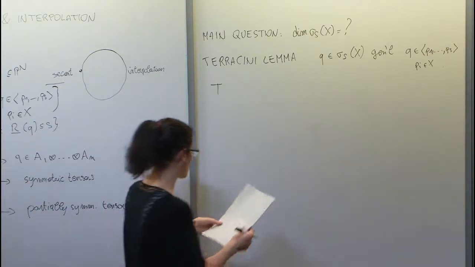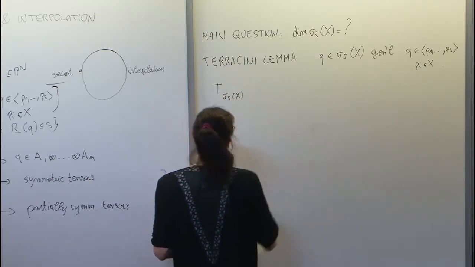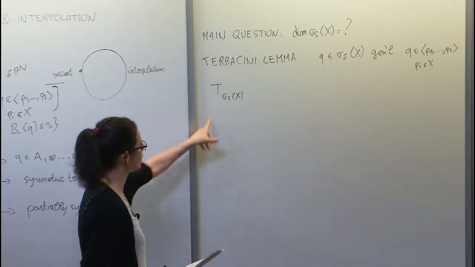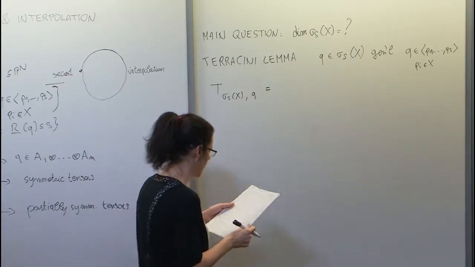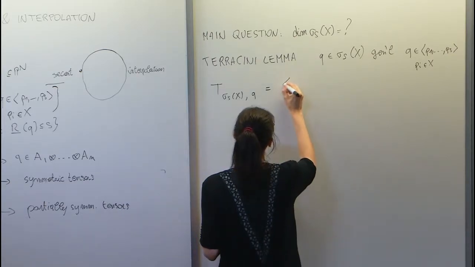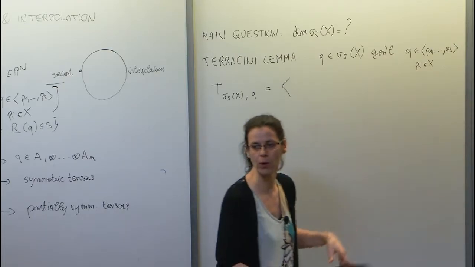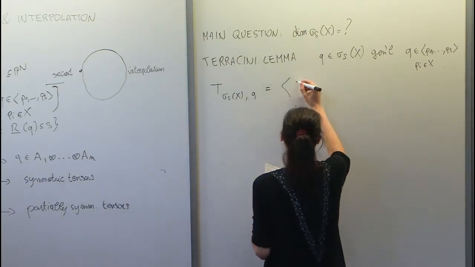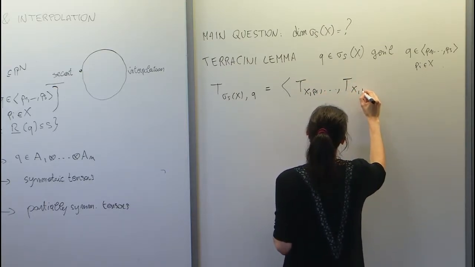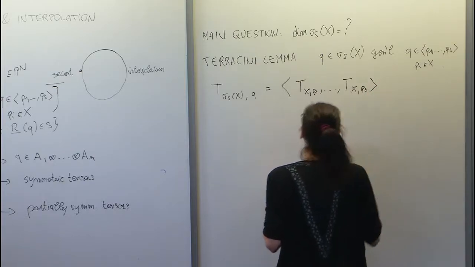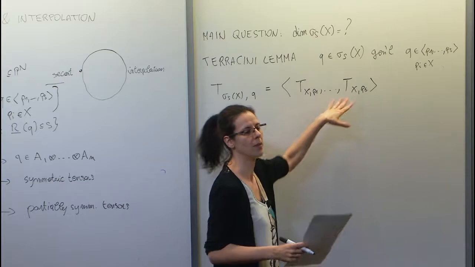That's the same number. So this is the object that I'm interested in, the tangent space to the secant variety at the point Q. Terracini's lemma states that this is equal to the linear span of the tangent spaces to the variety X at the given points P1, ..., Ps. So when one wants to compute this dimension, one can compute the dimension of this linear span.